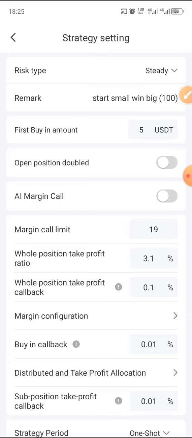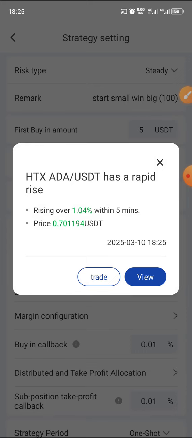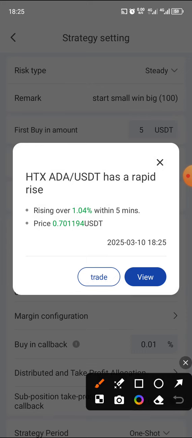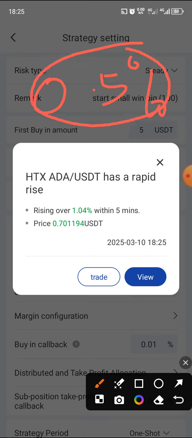For instance, you will instruct your robot to buy when a coin drops by 0.5%. And when the market drops by this percentage, the robot will not buy immediately. It will first analyze the market to find a perfect time to buy.